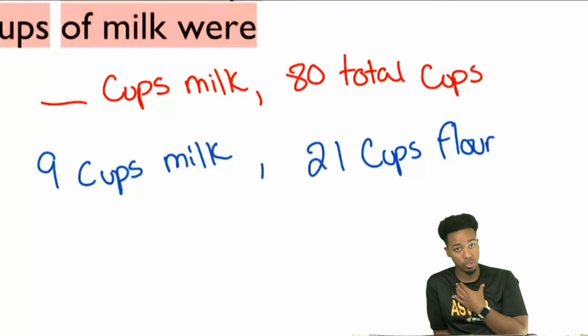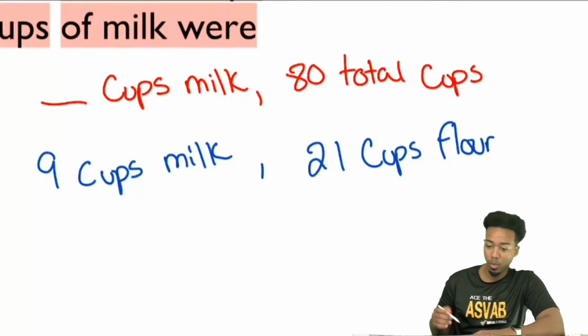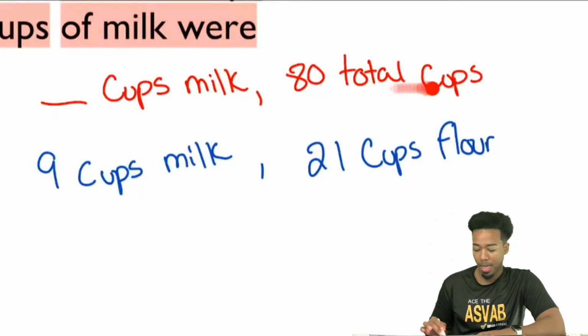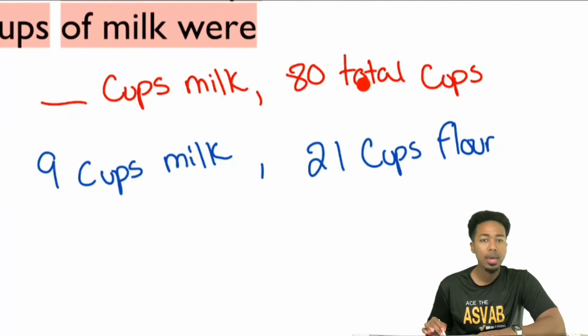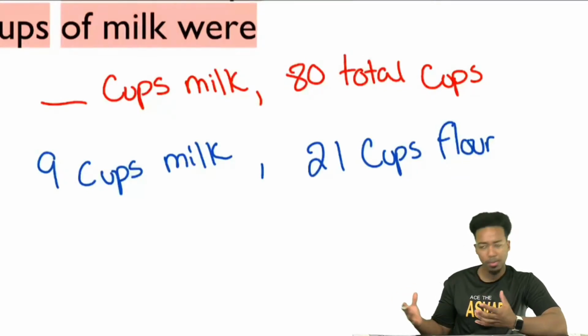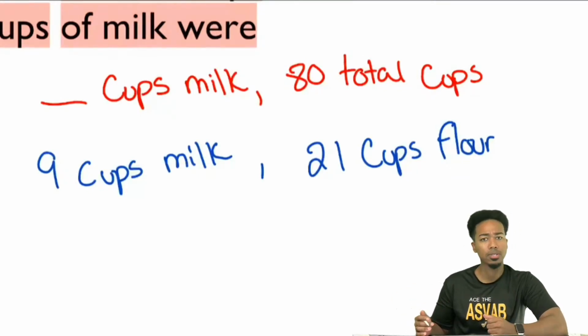It's a simple question. If what you're trying to find is cups of milk and you're comparing it to total, everyone, what does total mean? Indy, that's right. You have to add them together. It's the sum of the parts, adding up all the parts.